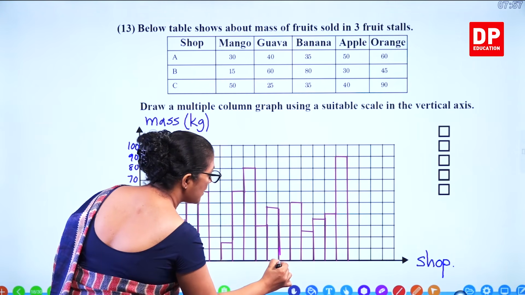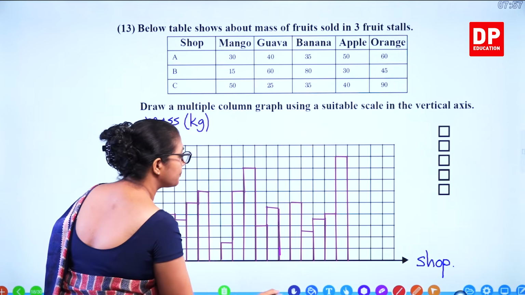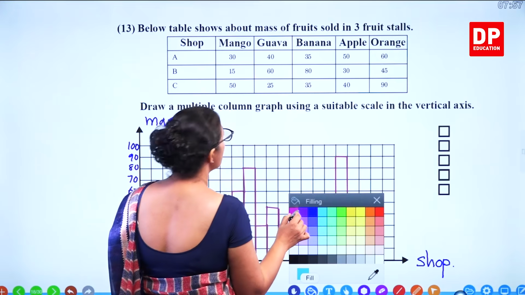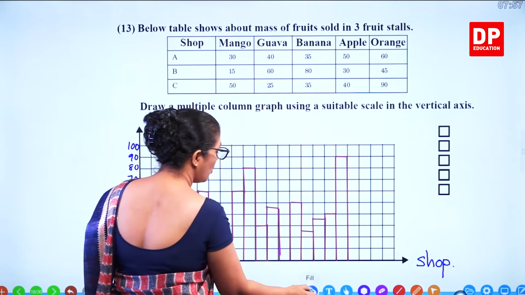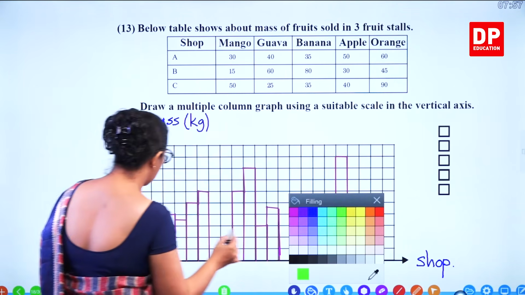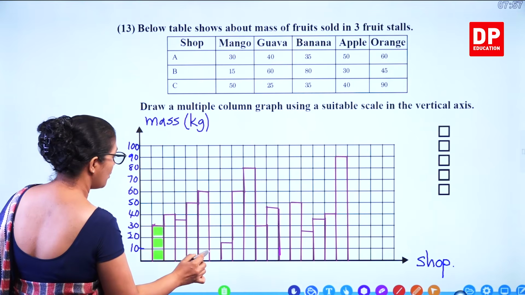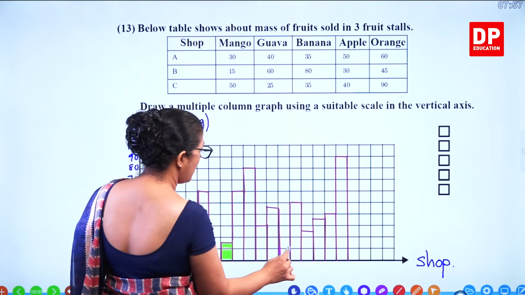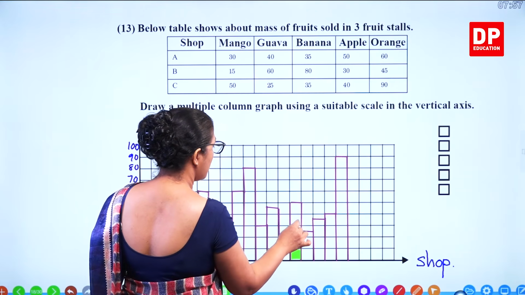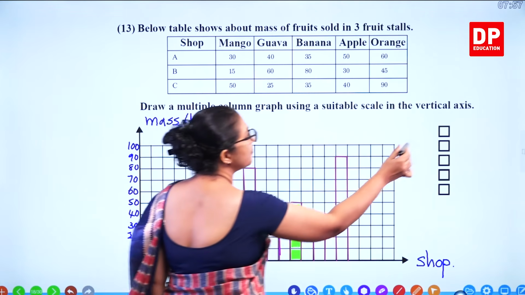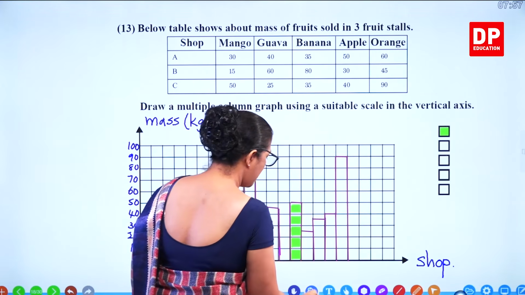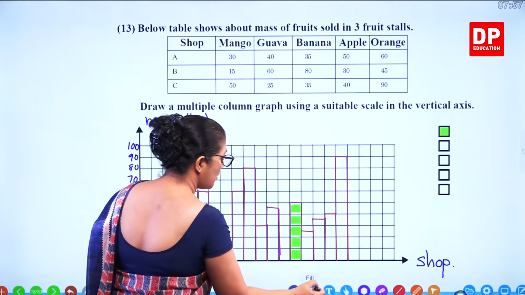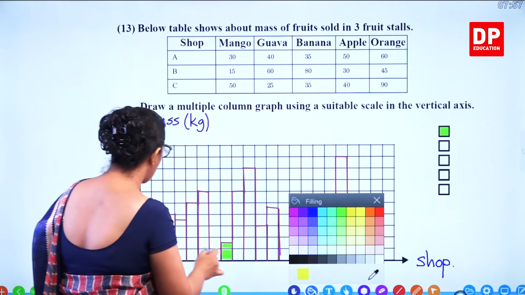Now we can put colors for all these. Okay, so here mango. We'll put green, mango. So this one, and this one, that's mango. Then second one, guava. So we'll put yellow color.